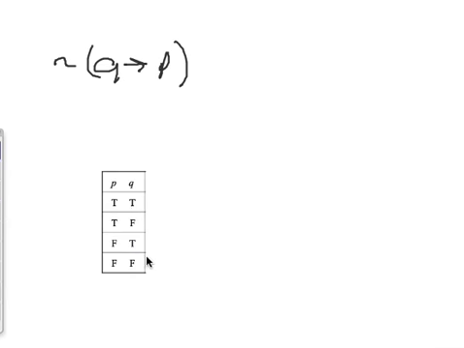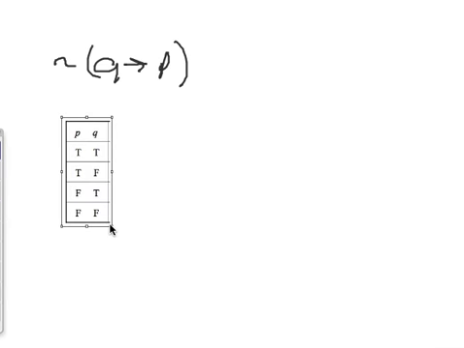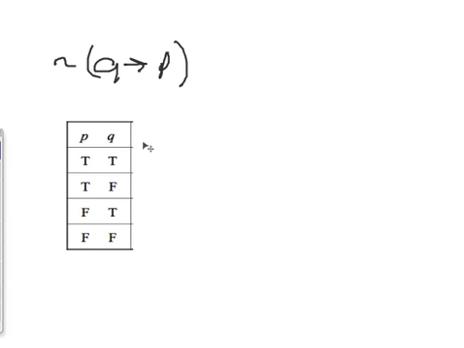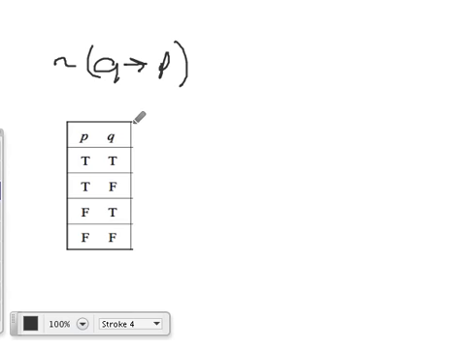Another problem I'd like to do with you guys is number 3. Not Q, if Q then P. Again, we're going to save ourselves a little time here, and we're going to get our pen out.